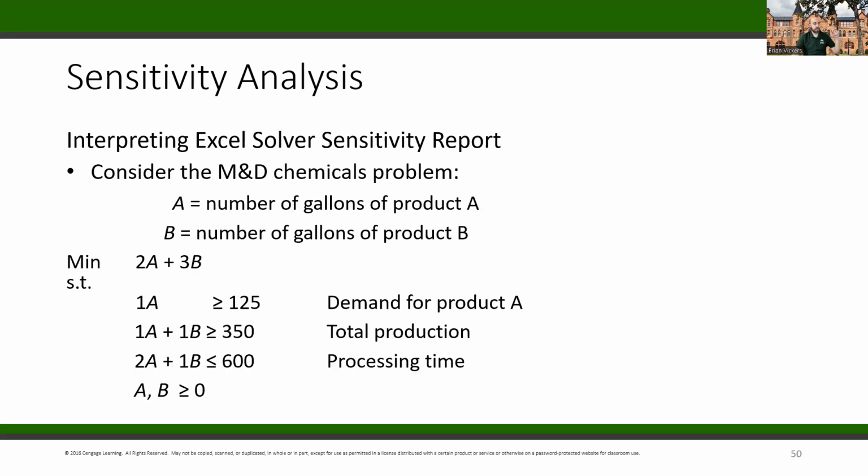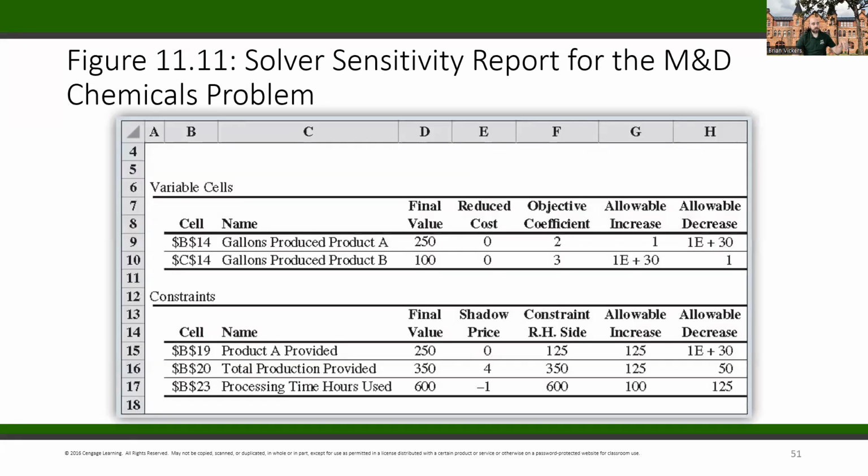So here's an example of that. We have a problem with number of gallons of A and B, the minimization problem. We had 350 and 600 available to us on the right-hand side of this formula. Well, in this printout, the sensitivity report, a slightly different report than the other one, will tell us the shadow price.